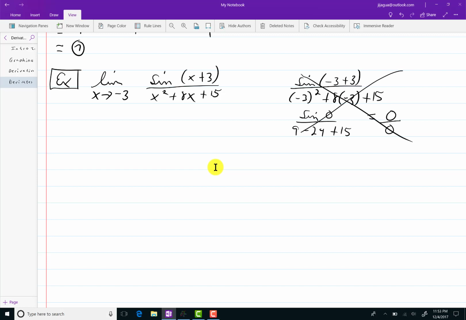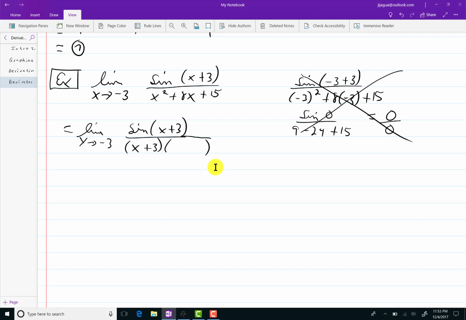But I do know now, since -3 is a 0 of the denominator, that x plus 3 has to be a factor. So the limit as x goes to -3 of sine of x plus 3 over, so the denominator will factor as x plus 3 times something. What that other thing is is not going to be hard to figure out.